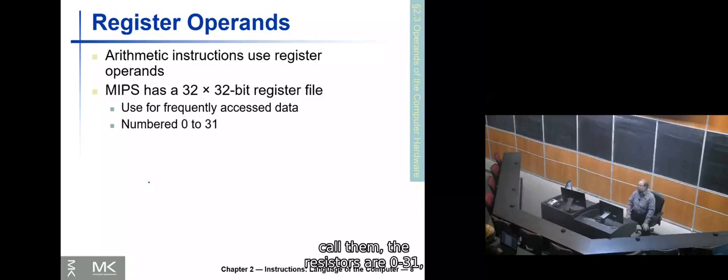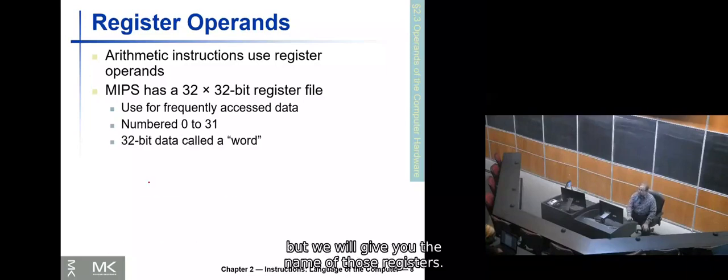The registers are numbered from 0 to 31, but we will give you the names of those registers. Since the operations in MIPS are 32-bit, you add two 32-bit values, you subtract two 32-bit values, we call them a word. The word in MIPS is 32 bits.